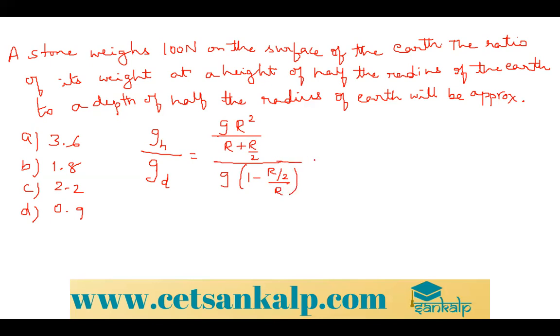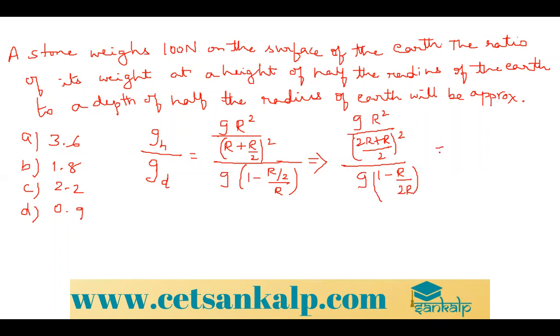Because they have given half and half for both, correct? So you are going to have the simplification. When we simplify, what happens: g R square divided by, taking the LCM and solving, (2R plus R) divided by 2 the whole square, whole divided by g into (1 minus R by 2R).